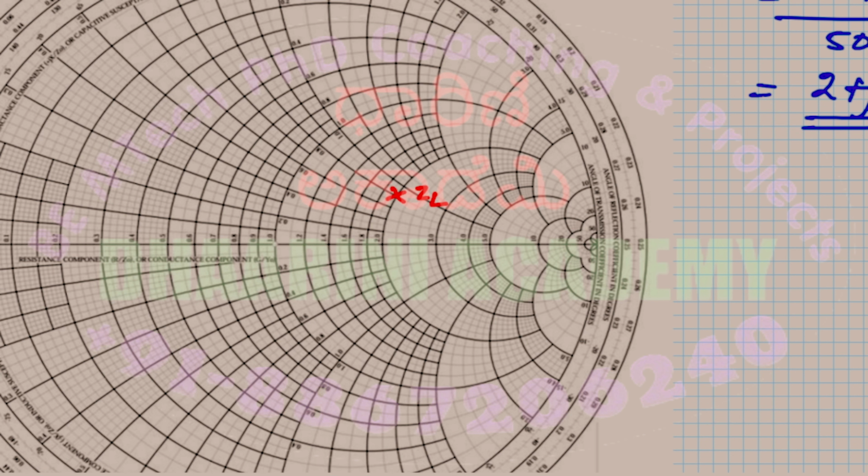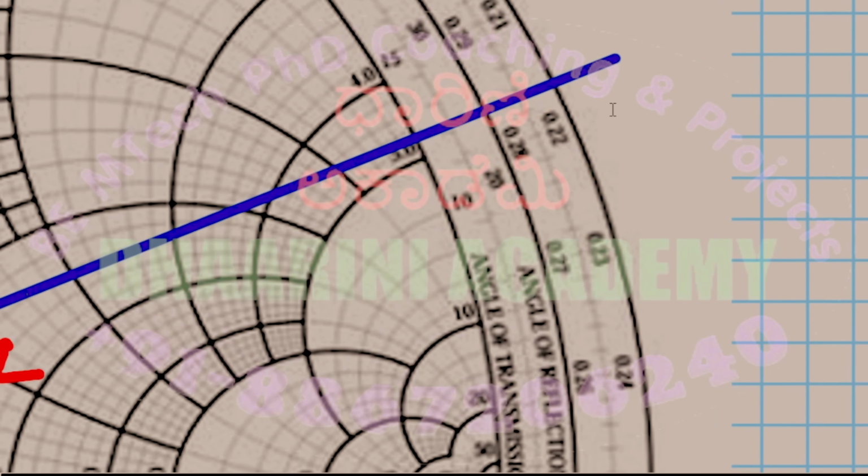As soon as I mark this, normally we will connect the point to the origin and extend the line passing through that, and we'll try to read this location.